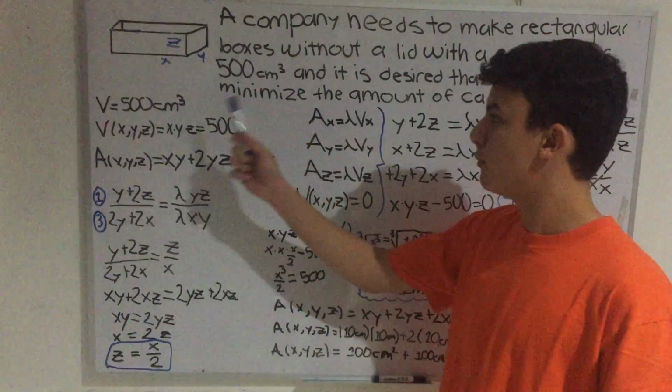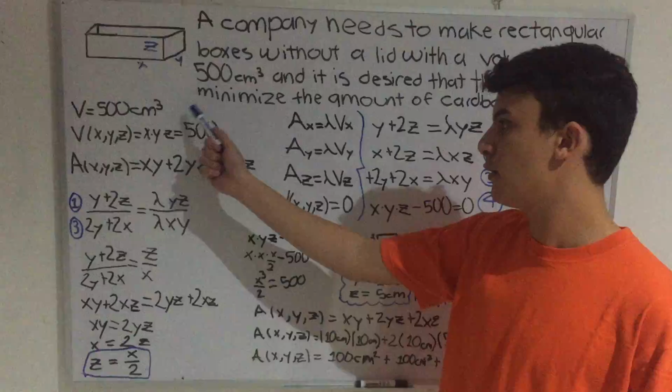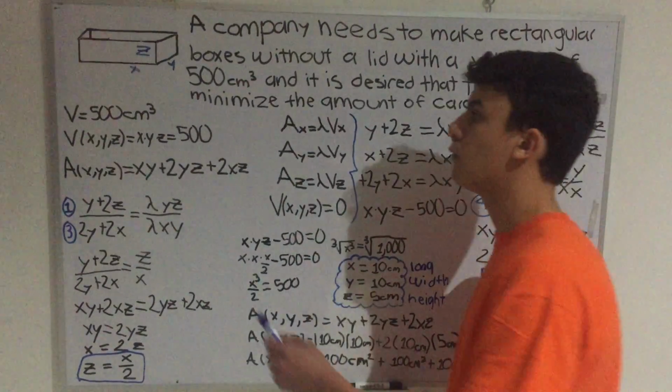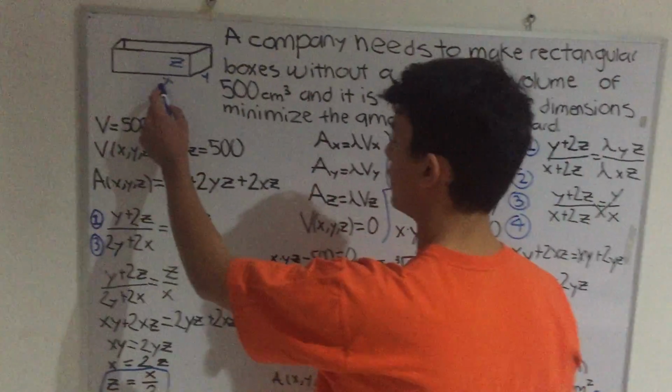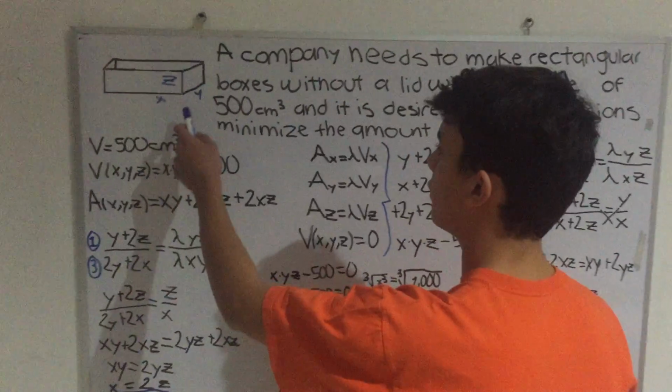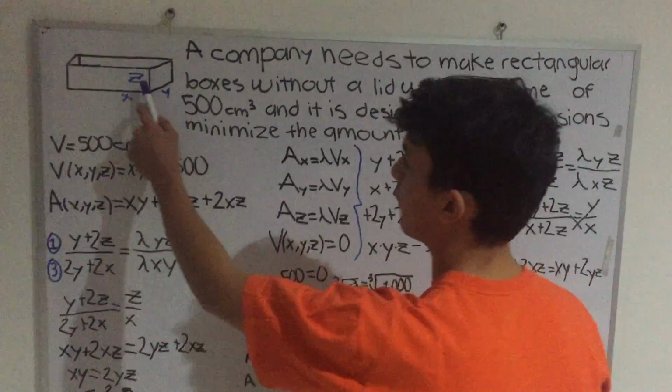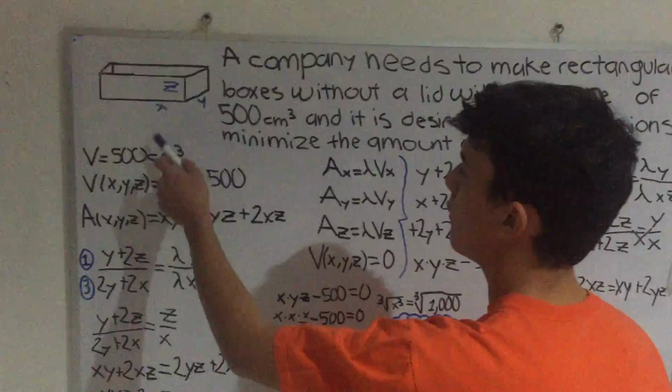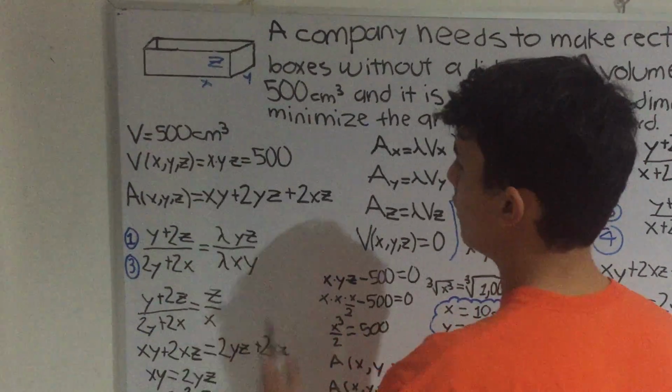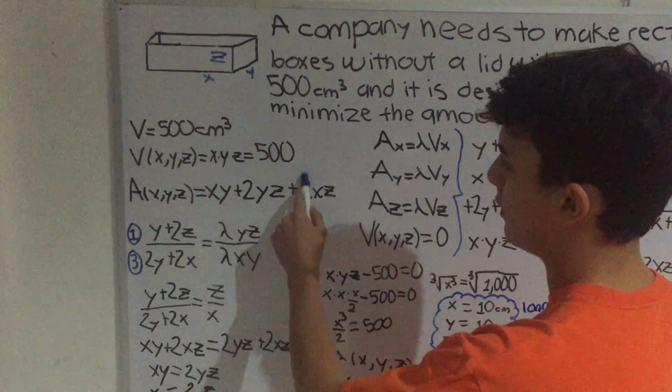So we know that the volume is 500 centimeters cubed, and if x is equal to the length, y is equal to the width, and c is equal to the height, we are going to obtain the volume. And it says right here.